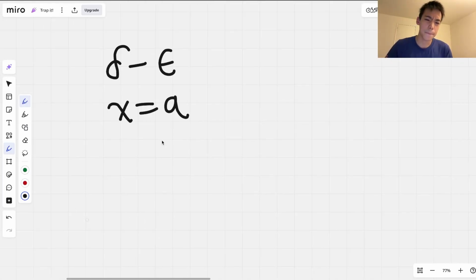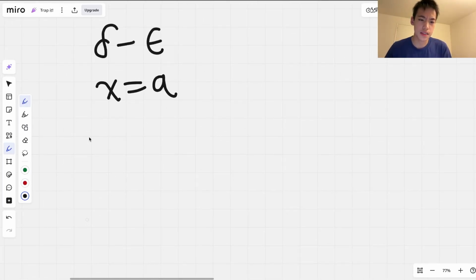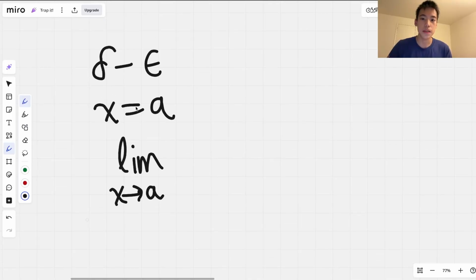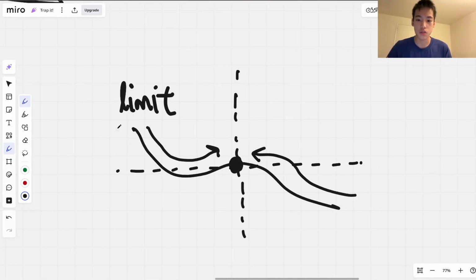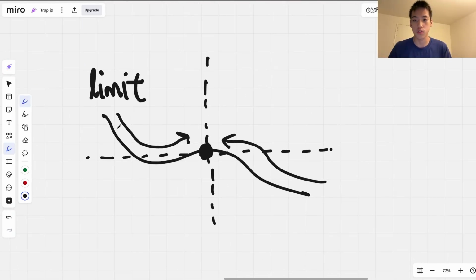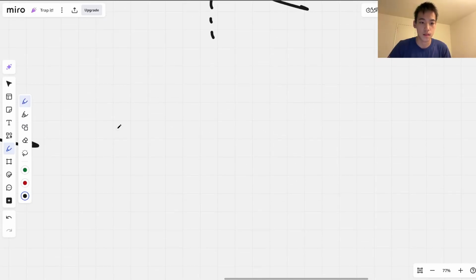And now let's assume the limit as x approaches a. This is basically formalizing the intuition you may have learned from calculus class, that you get closer and closer to a vertical line from both the left and the right.